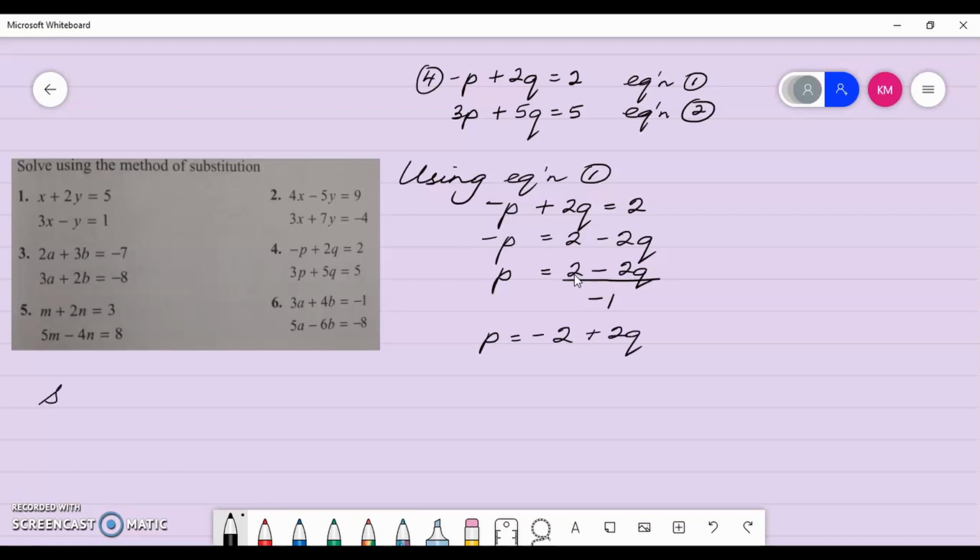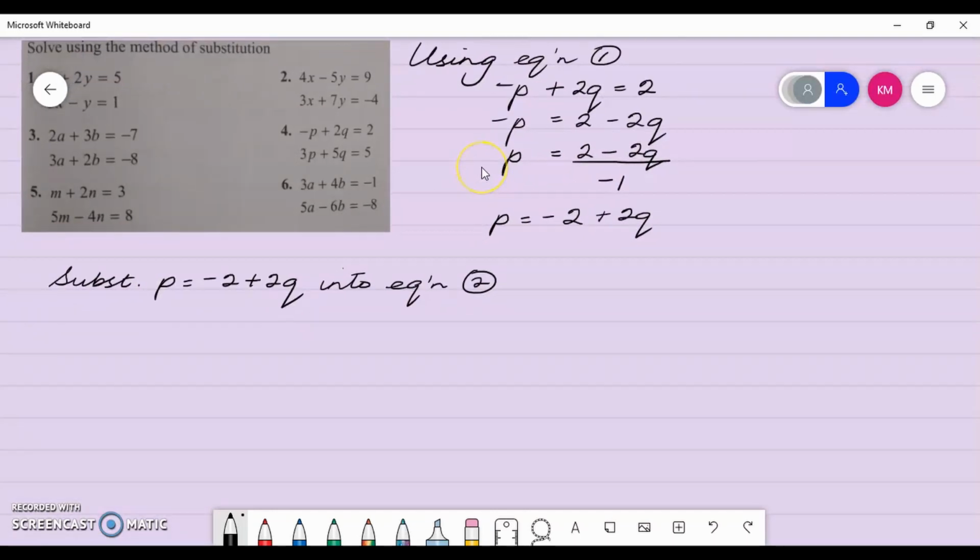Next step is to substitute that expression now, which is negative 2 plus 2q, into your other equation. So into equation 2. So now I write my equation 2, which was 3p plus 5q is equal to 5. 3 multiplied by negative 2 plus 2q plus 5q equals to 5.